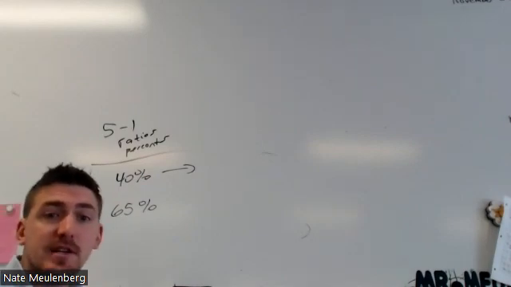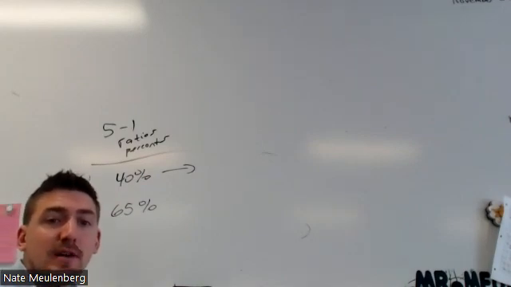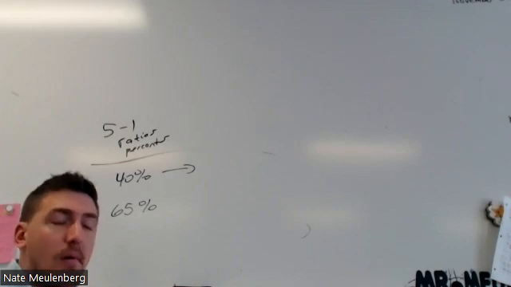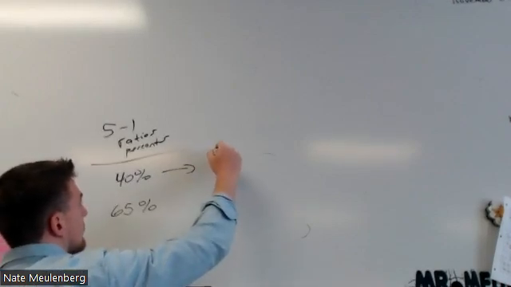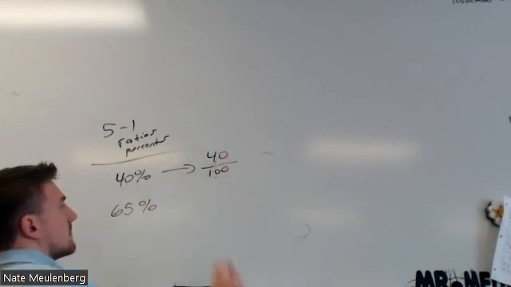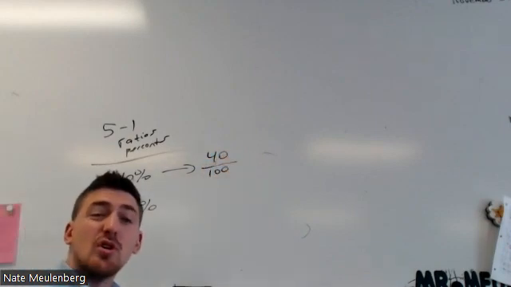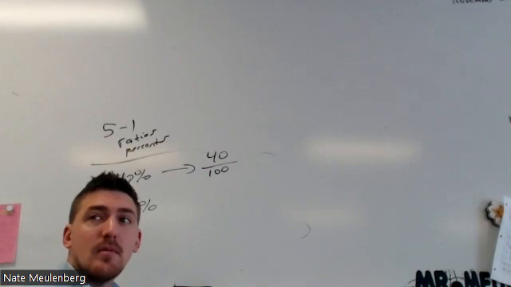Okay, this is also 5-1. Percents to fractions. You do 40 over 100. Good. Divide both by 2. You could, or you could do 4, or you could do 20.